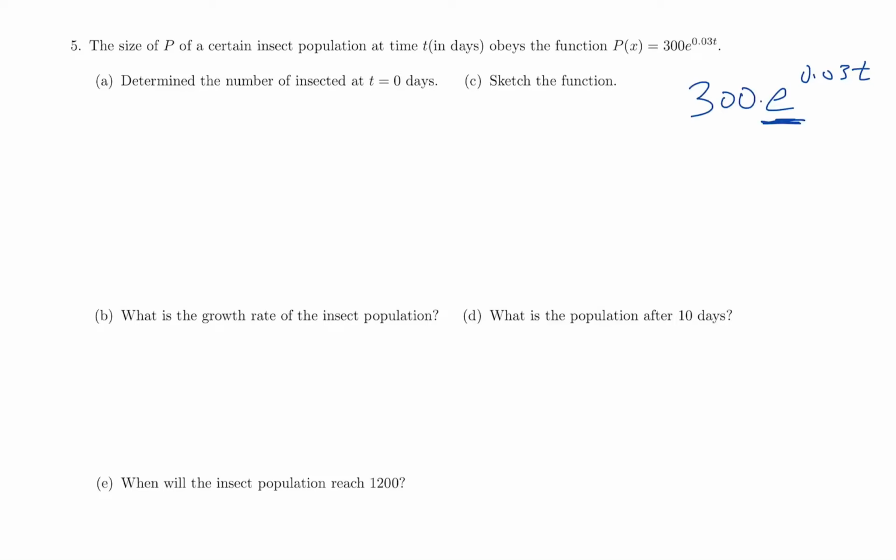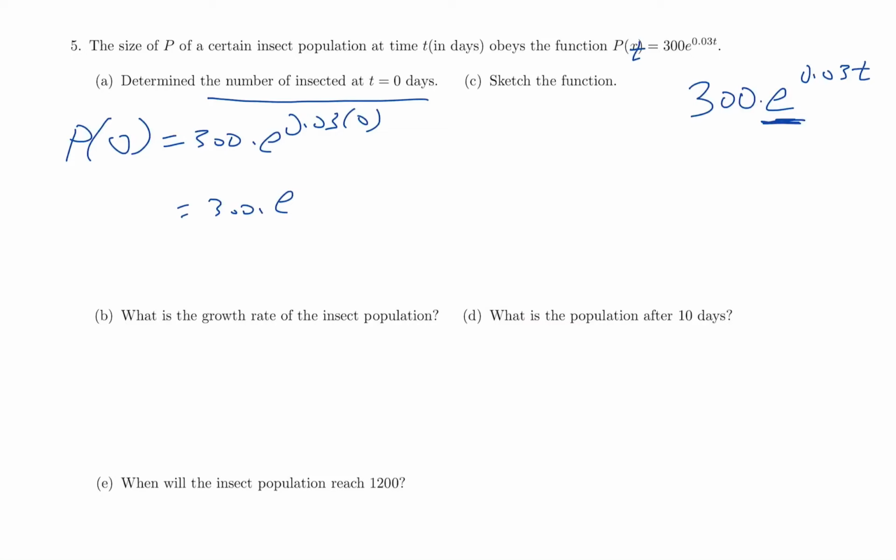So determine the first one, exact, t equals 0 days. So you just plug in 0 for t. Then 300 times e to the 0.03 times 0. This gives us 300 e to the 0 power. e to the 0 power is 1, so we have 300.